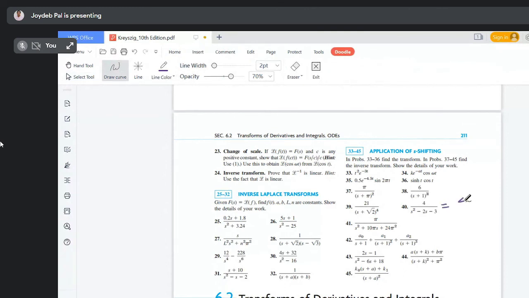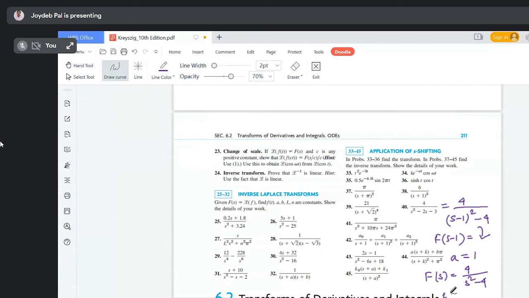First of all, you represent that function as s minus 4 by s minus 1 whole square minus 4. It is a function of s minus 1, so f of s minus 1 will be this. Therefore, a is 1, and fs is 4 by s square minus 4.